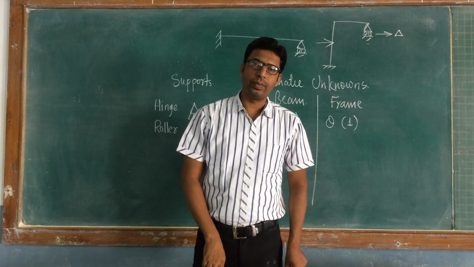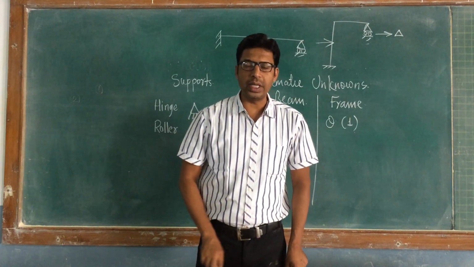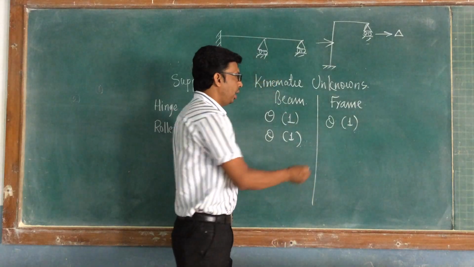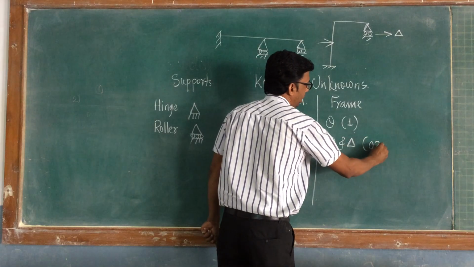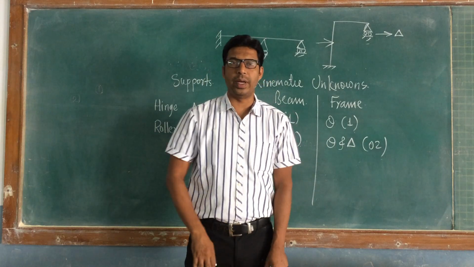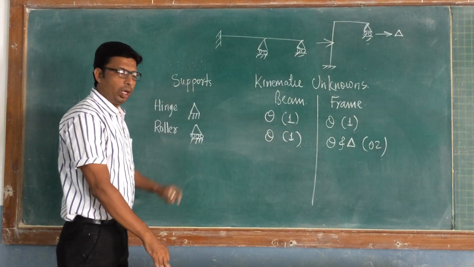And therefore, in case of frame, if a roller support is provided, there are two kinematic unknowns, theta and delta. That is horizontal displacement. Okay? That is second support, roller.